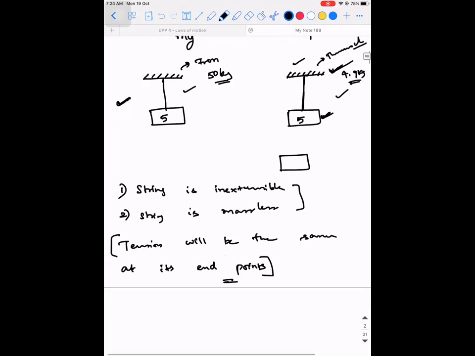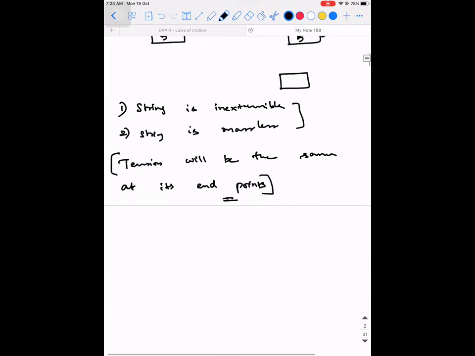Okay. Next. When you have a pulley system like this, when you have a string and a pulley system, I'll just take an example and solve this.